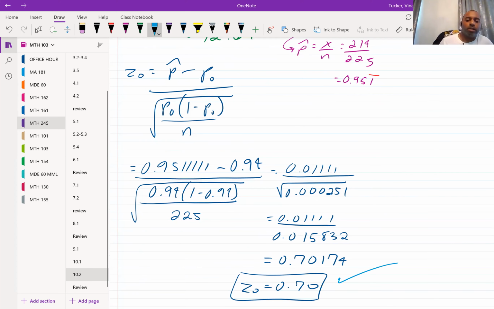So there goes my Z-score, my test statistic, 0.70. Any problems?